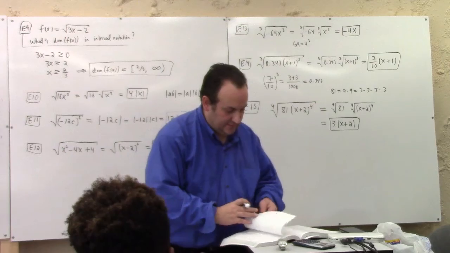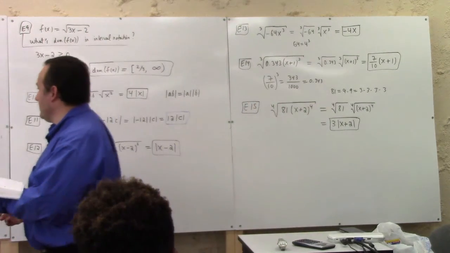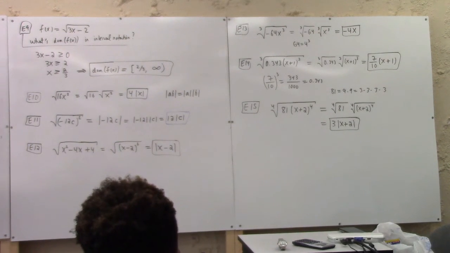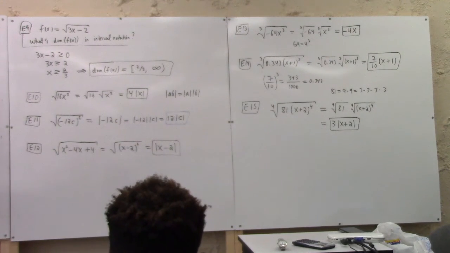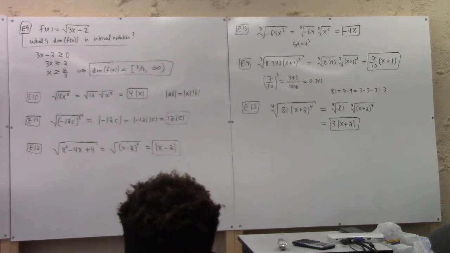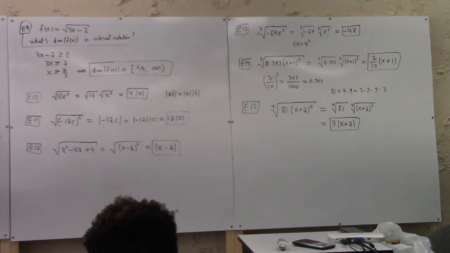Let us look at the next section. So this is all radical notation, exponential notation. What's exponential notation? Instead of writing the nth root of a, we write a to the 1 over n.